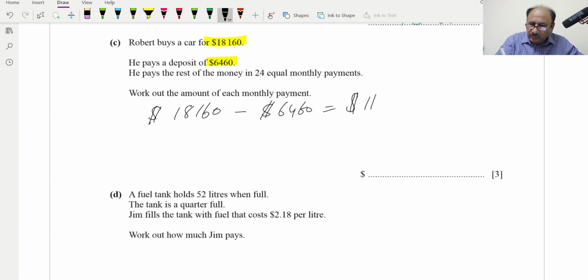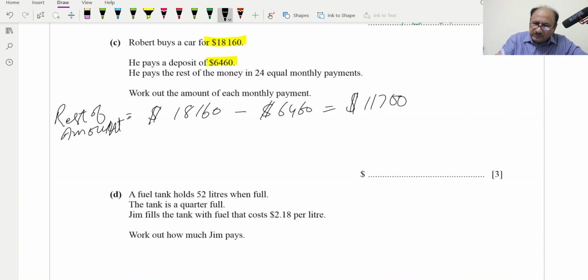So 11700 dollars. Now they are saying he pays the rest of the money. So we can write here the rest of the amount.